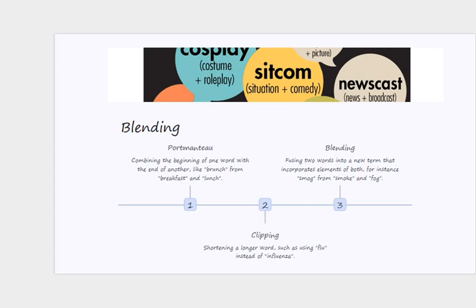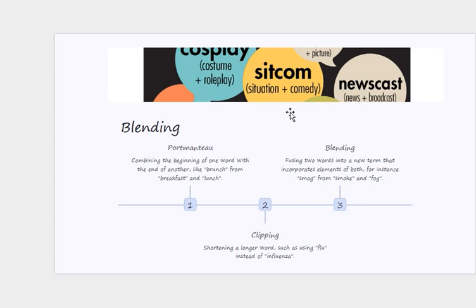That way we call it portmanteau blending and blending in general. So adding two words together to make a new, third word, which represents both the original words. For example, on the screen you can see sitcom. Sitcom refers to situational comedy. Here, sit refers to situation and com refers to comedy. So that is a blend word.